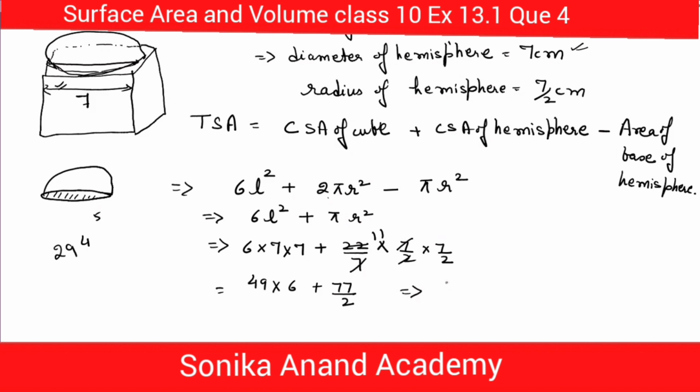So we get 294 plus, now we can easily divide. 2 threes are 6, 1 7, 2 eights are 16.5. Now we sum up both of them and we get 332.5. And this is centimeter square as it is the surface area.